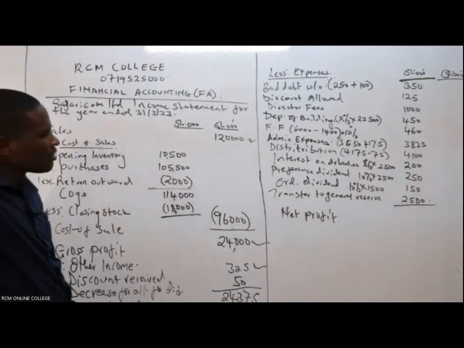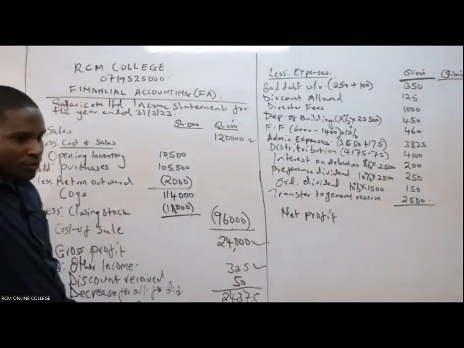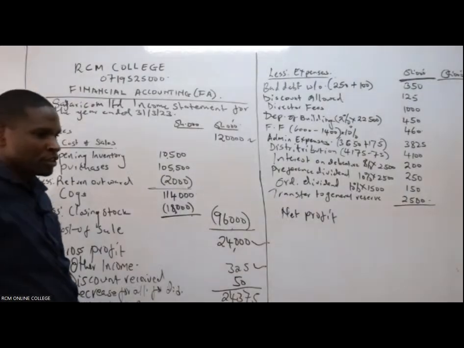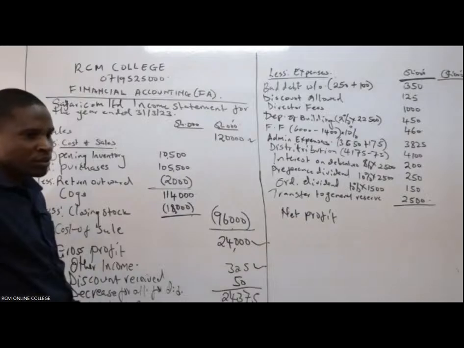Now I need several individuals to give me that. Okay, Sharon, you can proceed and get our net profit. Take 24,375 minus that. You get our net profit, so that we are on the same page.